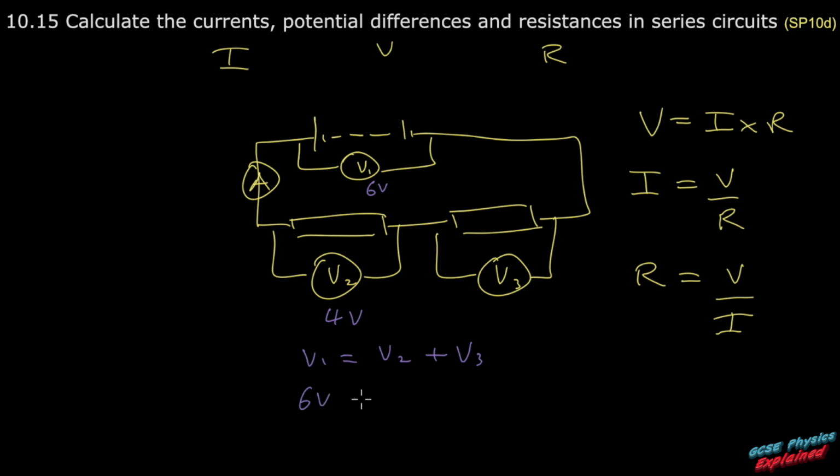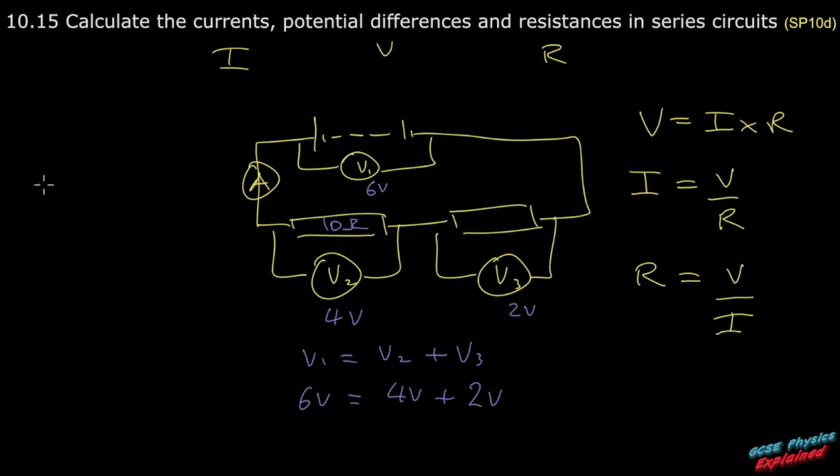So you've got 6 volts going in, and that's 4 volts. So V3 is obviously just 2 volts. So what we know is because there's twice as much voltage on this component, it must have twice the resistance compared to that one.